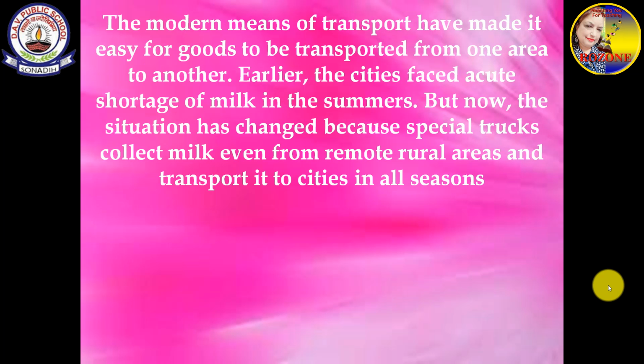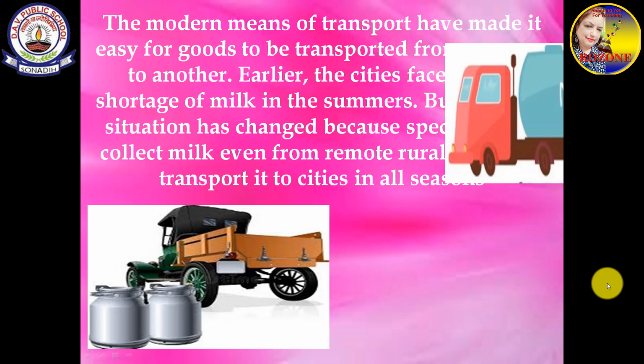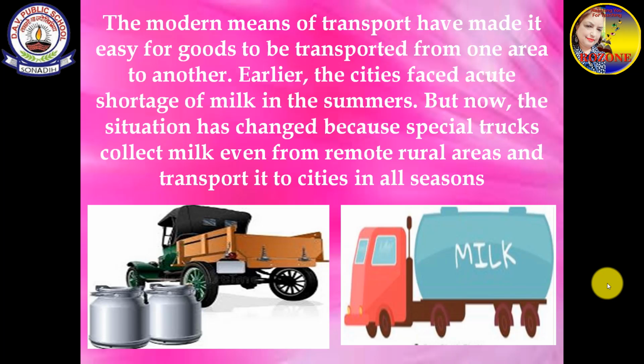The modern means of transport have made it easy for goods to be transported from one area to another. Earlier, the cities faced acute shortage of milk in the summers. But now the situation has changed because special trucks collect milk even from remote rural areas and transport it to cities in all seasons.